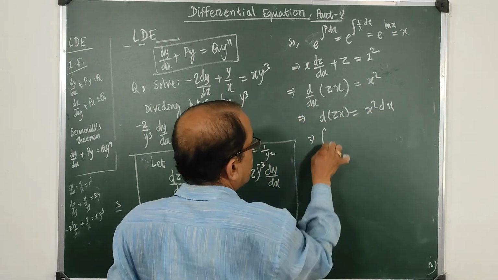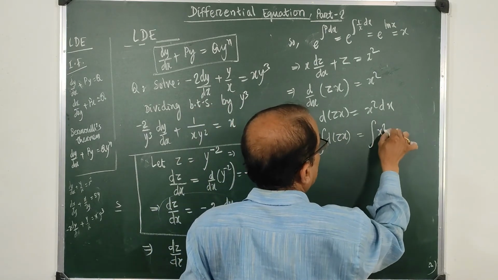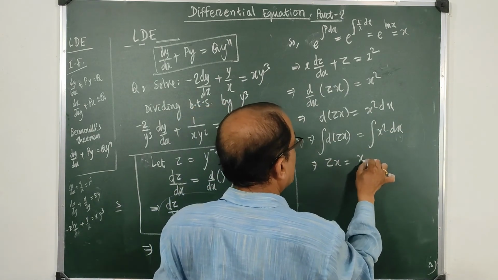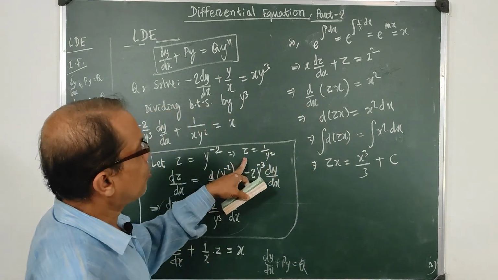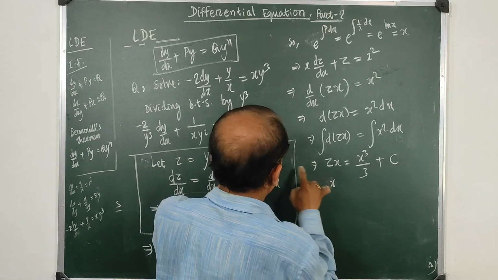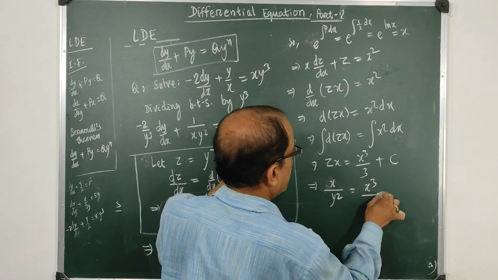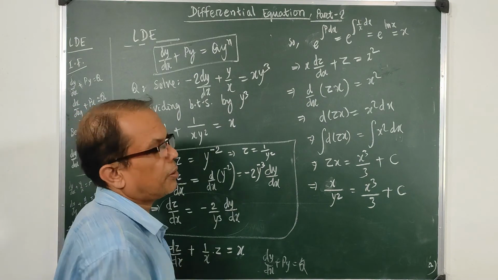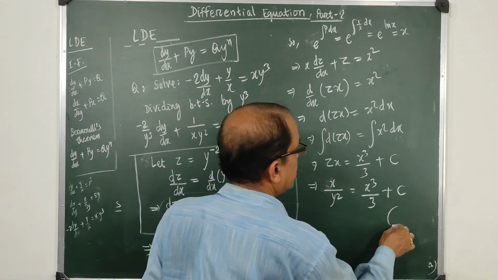Integrating both the sides, we get integration of d of zx is equal to integration of x square dx. That means we get zx is equal to x cube by 3 plus c. Now we can replace z by the original value, so we get x z is 1 by y square, so x by y square is equal to x cube by 3 plus c. You can keep this equation here or simplify for a better looking result, and this can be the answer too. So this is the solution.